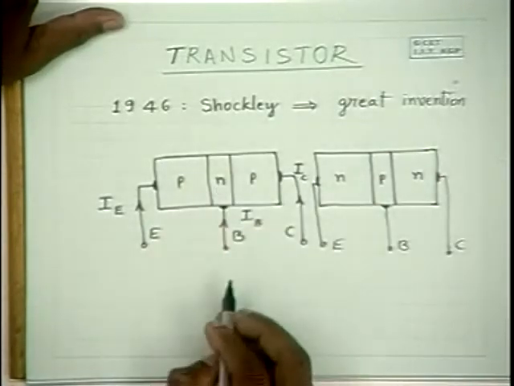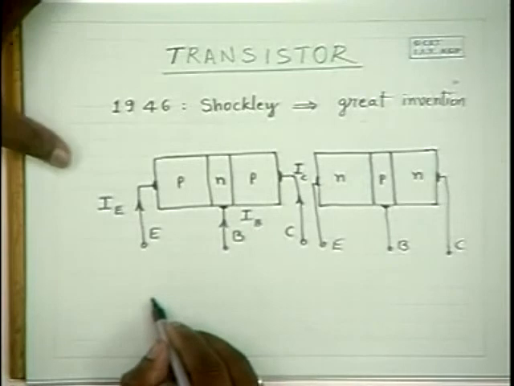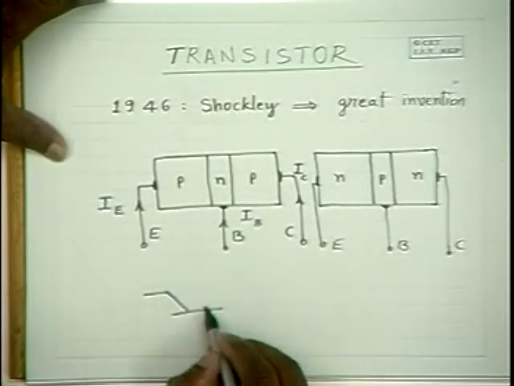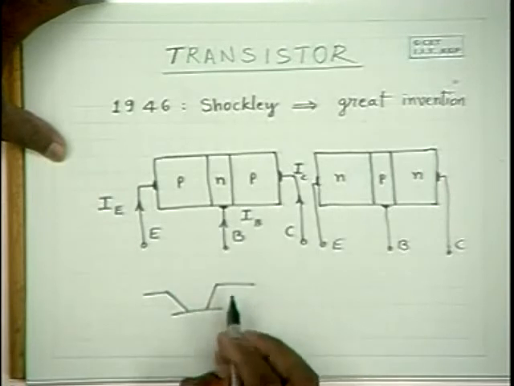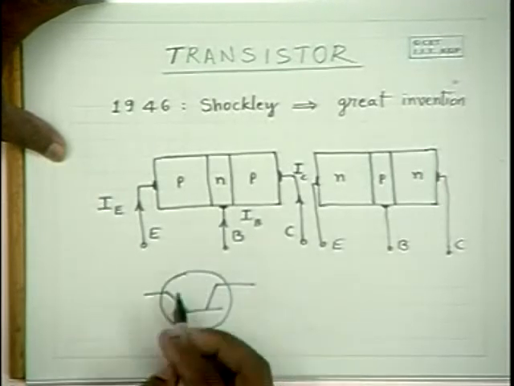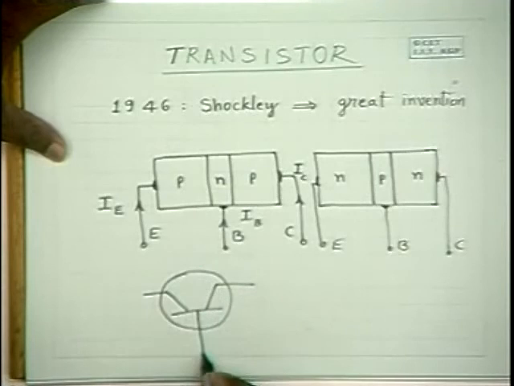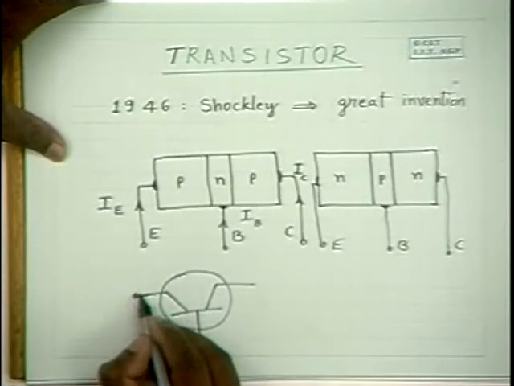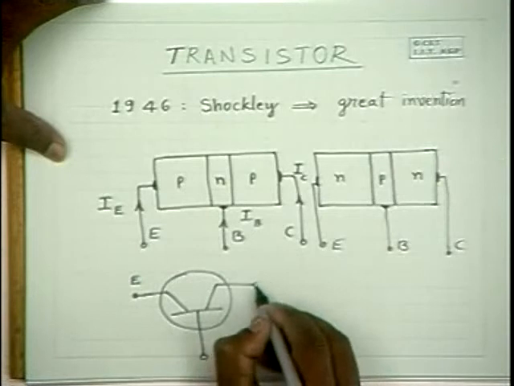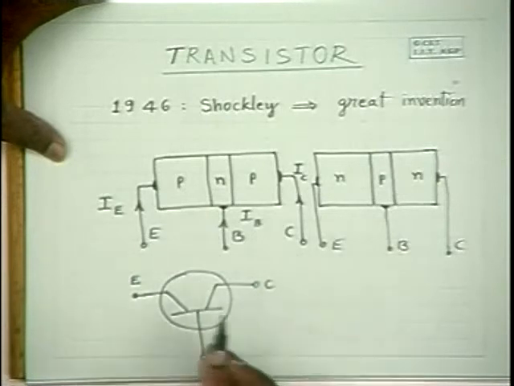And the symbol used for this is like this. The circuit symbol used. So this is emitter, this is base, and this is collector.